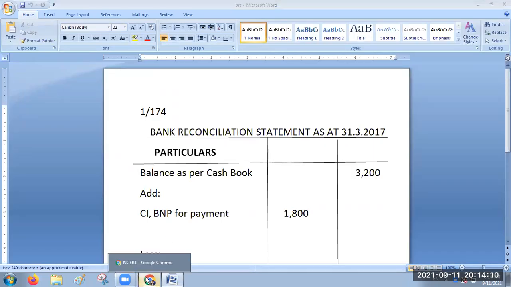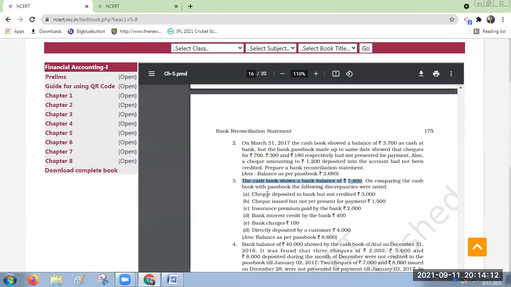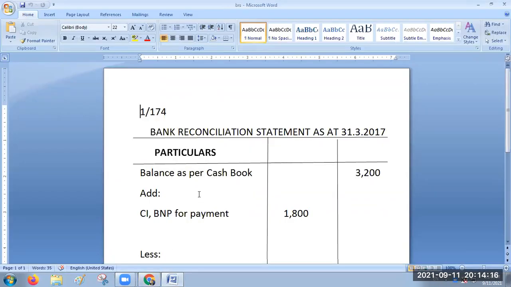Bank reconciliation statement. So in this one, cash book shows a bank balance of 7,800. So cash book balance as per cash book only it is given. This is problem number 3, page number 175.